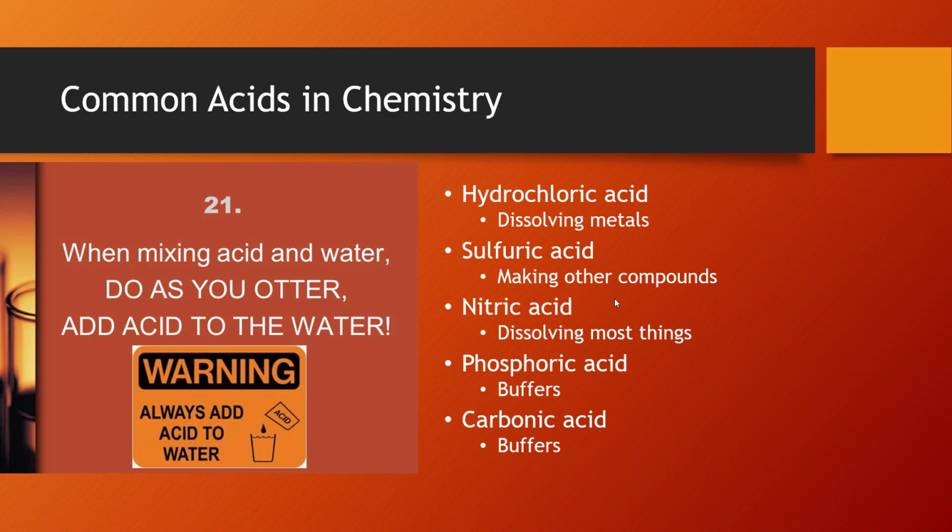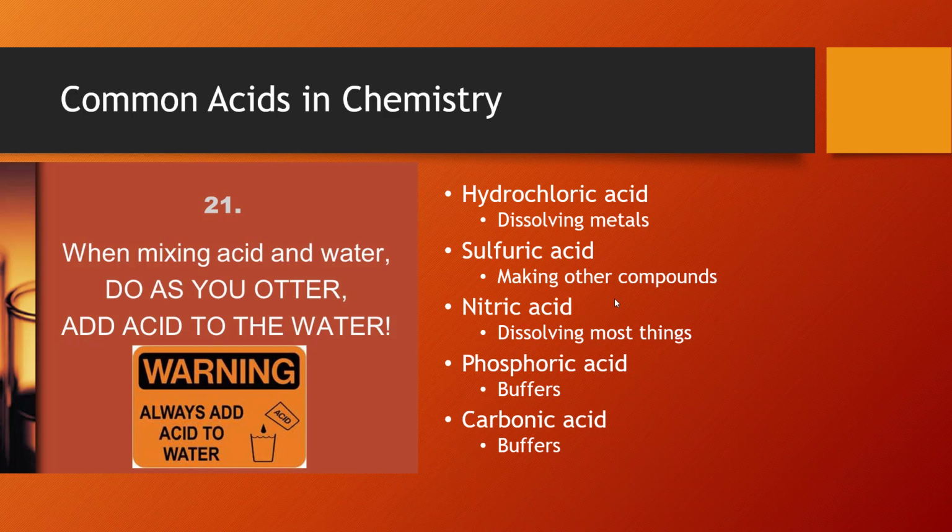So some common acids in chemistry. There's hydrochloric acid, very useful for dissolving metals. Does form some non-soluble compounds with things such as silver and lead, though. Sulfuric acid is good for, well, just making other compounds. So it's used in more complex chemical processes, like even making high fructose corn syrup. Nitric acid, it dissolves most things.